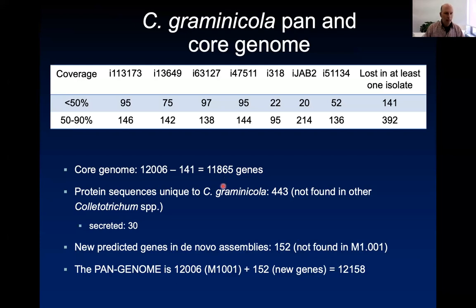And then we compare all of the genes from the graminicola genome to the other Colletotrichum species, and we find 443 that are not in other Colletotrichum species. So these are the genes that are unique to Colletotrichum graminicola. In all of those de novo assemblies that we did, we found 152 that are not in M1001. Then the pan-genome is the sum of these two numbers, the number of genes in M1001 plus these new genes.